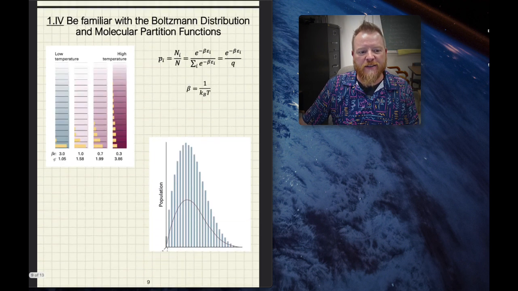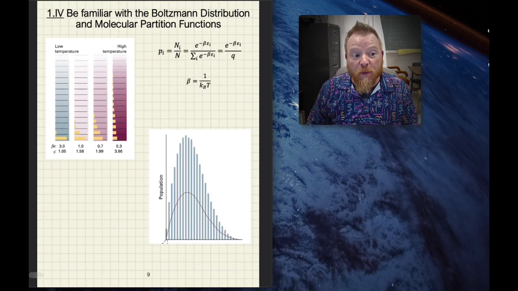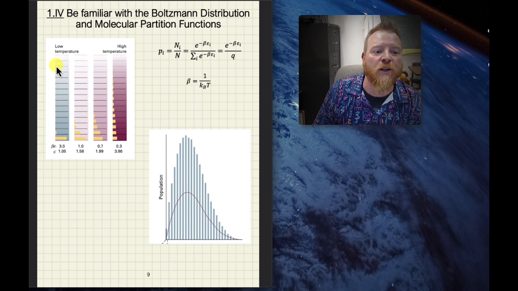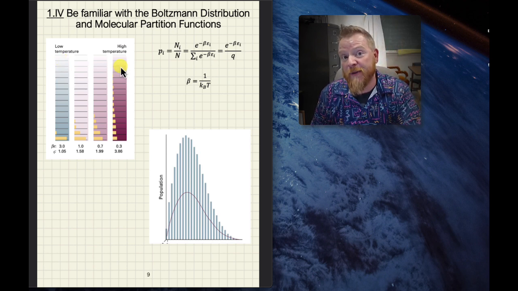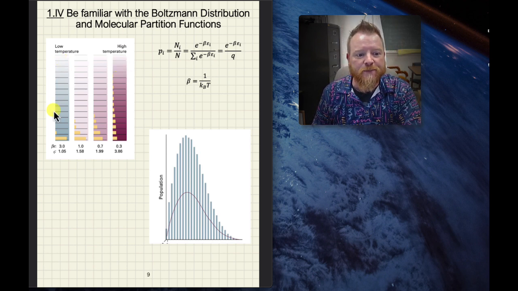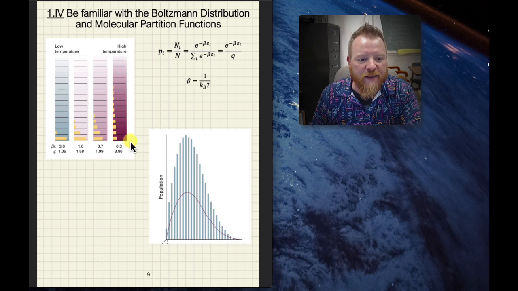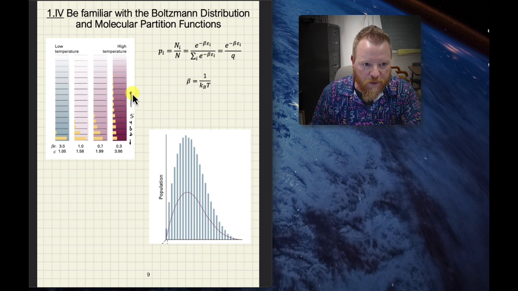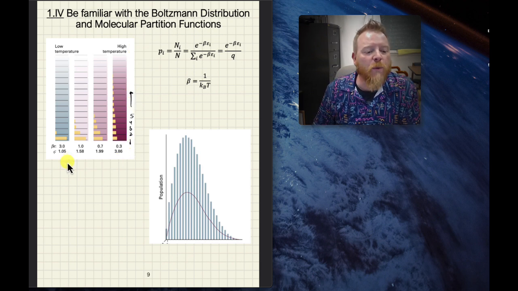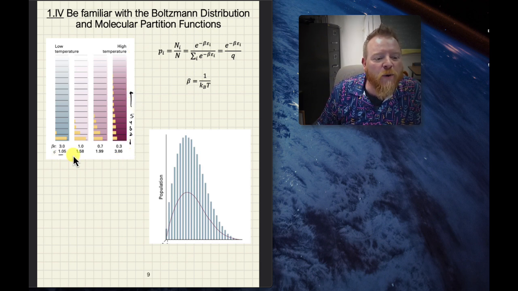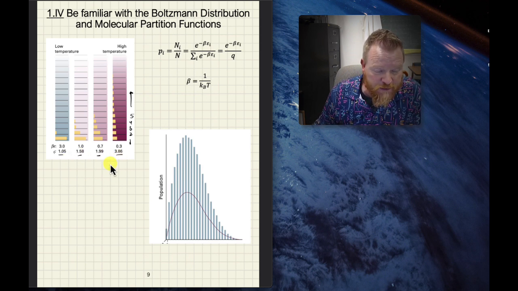So if we take a look at some sample calculations here and we compare what a low temperature might look like compared to a high temperature. And again, here we have the different energy levels, level 1, level 2, 3, 4, 5, and on, okay? So we can see here the total value of Q given a temperature, whatever that temperature is.